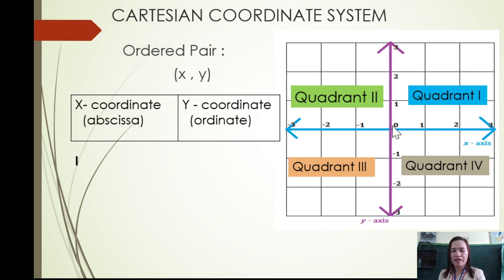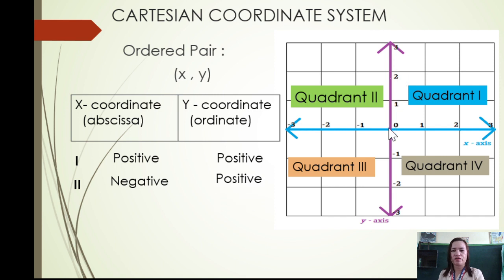Since the sign here is positive, in quadrant 1 the x value is positive and the y value is also positive. In quadrant 2, the x value is negative and the y value is positive.